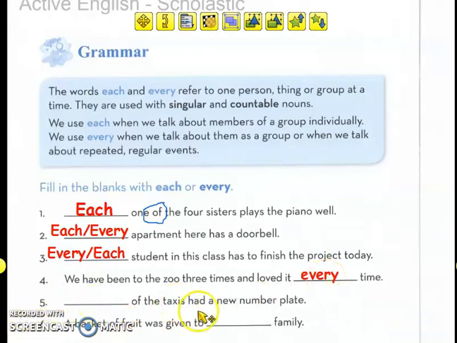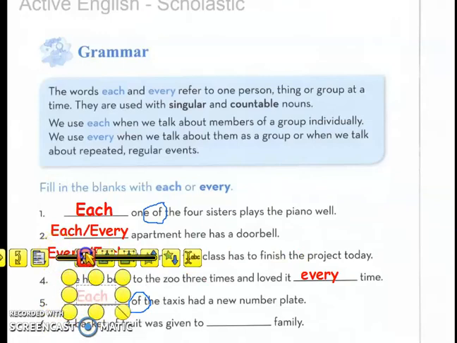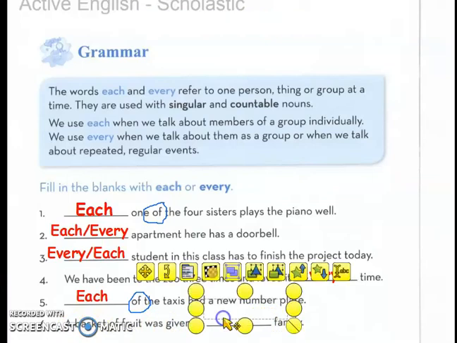Number 4. Of the taxis had a new number plate. Here, my student, what do we have in this sentence? Excellent, we have of. So, what is the answer? Each. The answer is each. Each of the taxis had a new number plate. The last sentence: a basket of fruit was given to family.